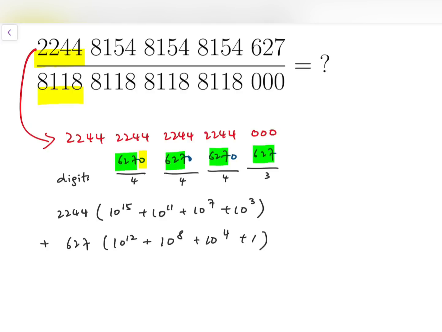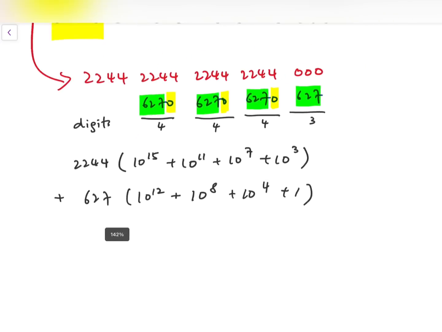Similar for the second block of 627, so it's 3 plus 4 plus 1, and 3 plus 1 for the third term. Now that's the sum, and that's the numerator.